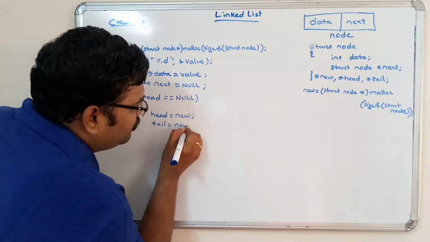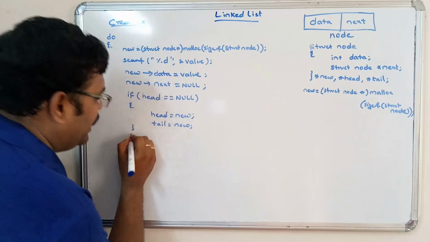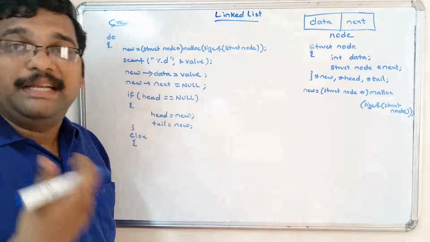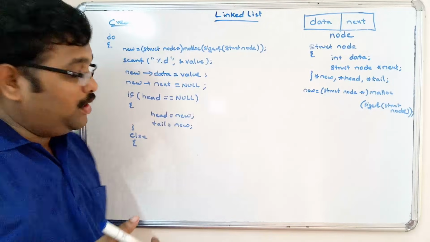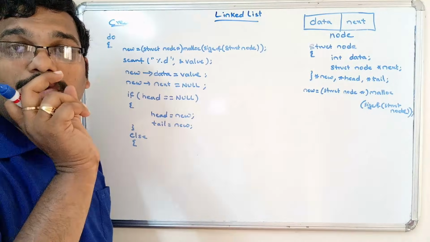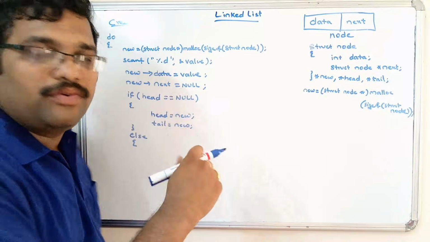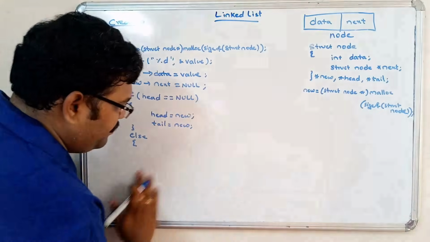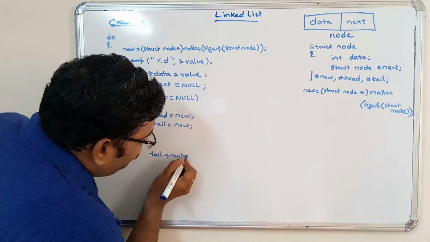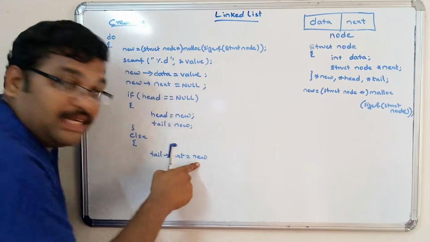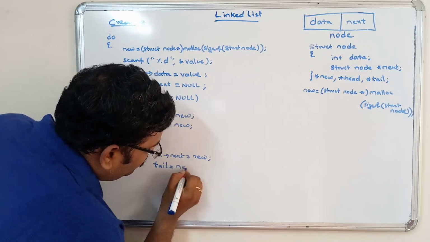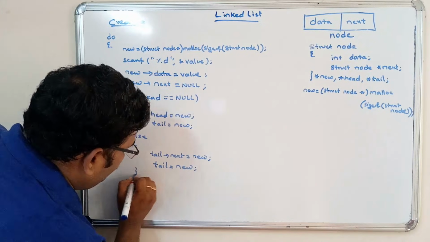Tail is equal to new. Else condition, that means if it is having multiple elements, right? So then we have to follow the same procedure. That means first we have to establish the link and then we have to change the tail. Tail of next is equal to new. This is for establishing the link. Tail is equal to new, right?